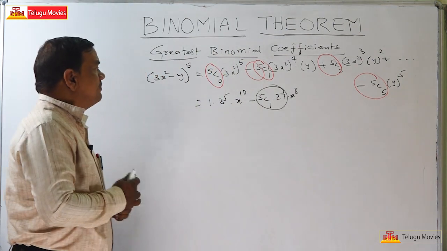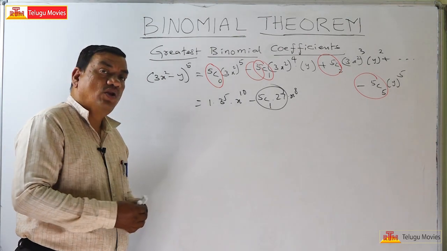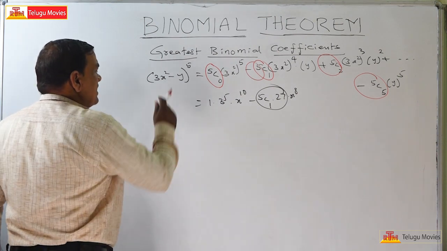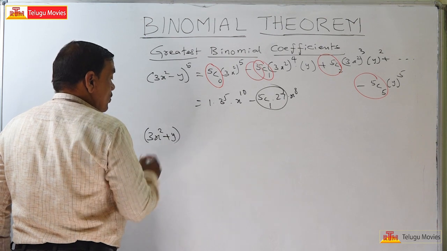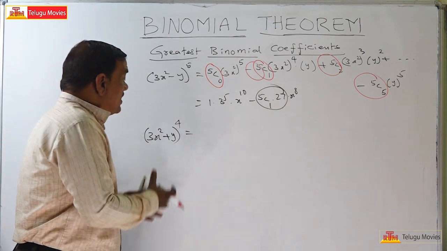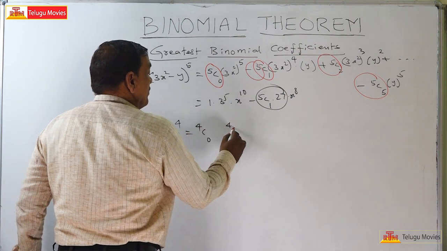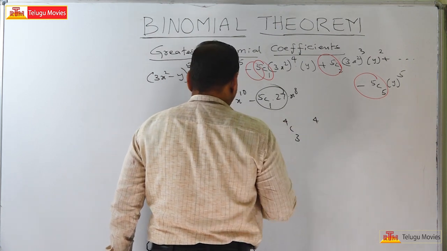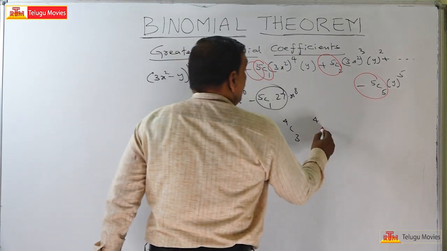Now our concept is: what is the greatest binomial coefficient? Let us see this. For example, take (3x² + y)⁴. What are the binomial coefficients here? 4C0, 4C1, 4C2, 4C3, 4C4.